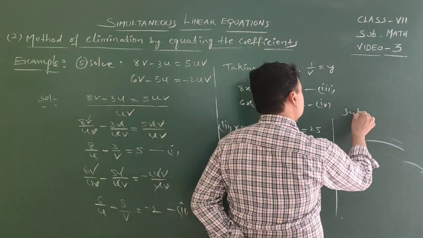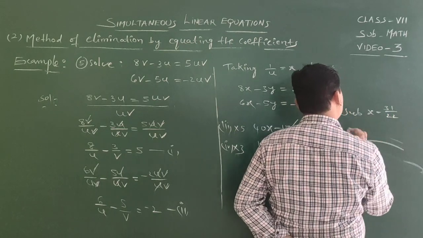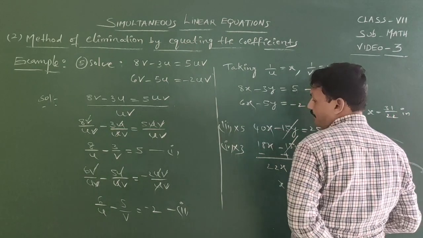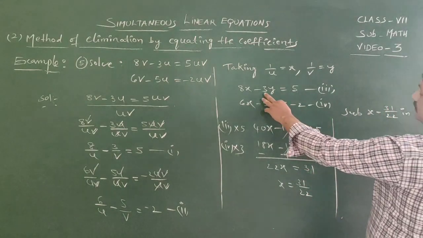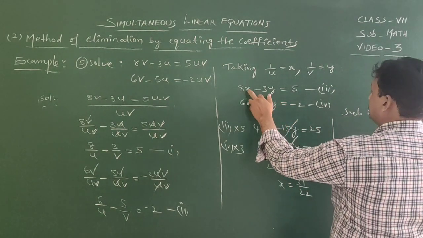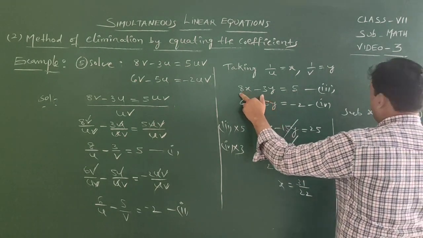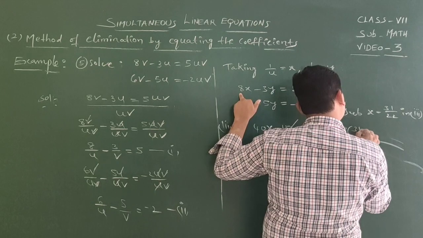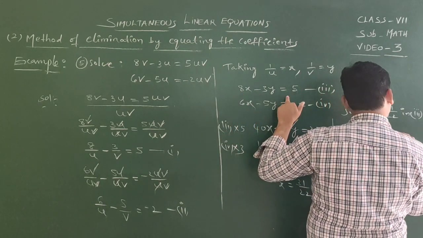Now substitute x equal to 31 by 22 in third or fourth equation. Third one: 8 into 31 by 22 minus 3y equal to 5.